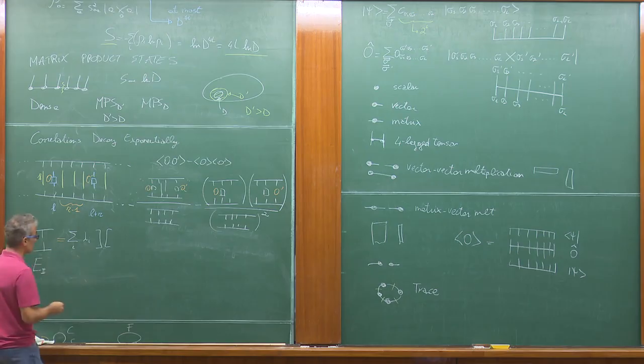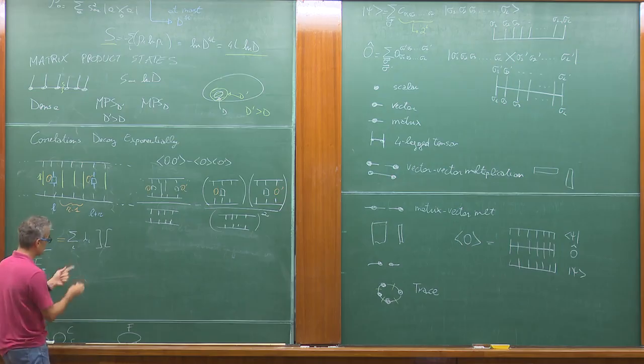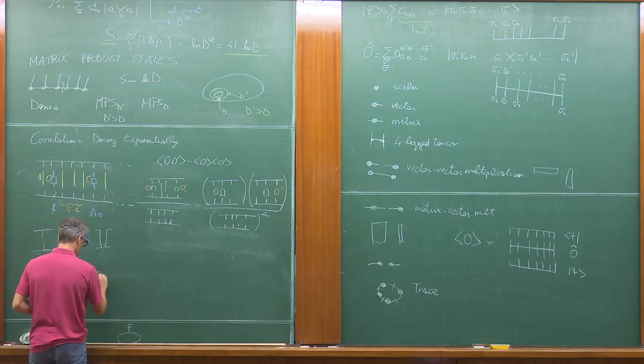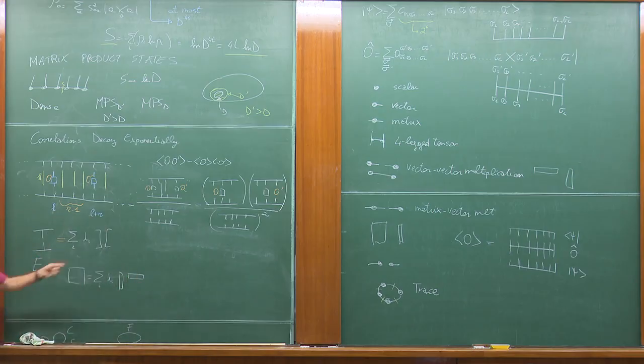Can you repeat that? What is the meaning of this equation? Yes, I'm getting there. Imagine you have a matrix. You can always write it as a sum over I of lambda I, a vector like this and a vector like this. This is what I'm doing here.